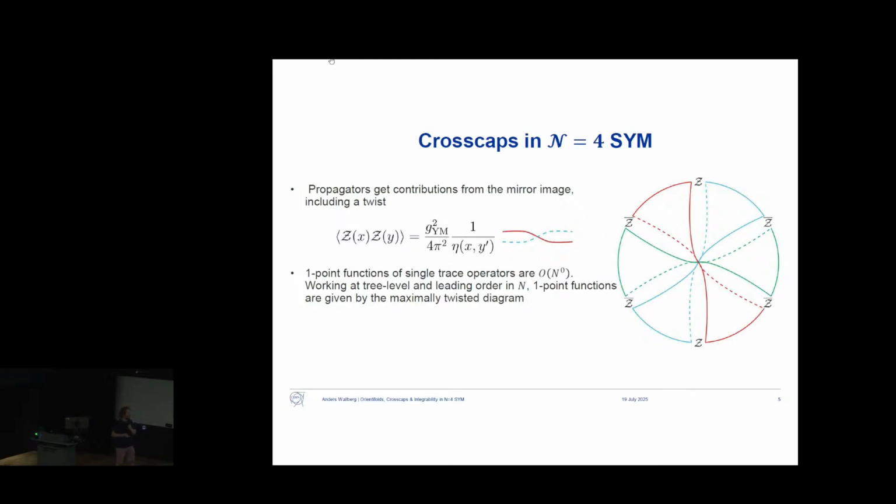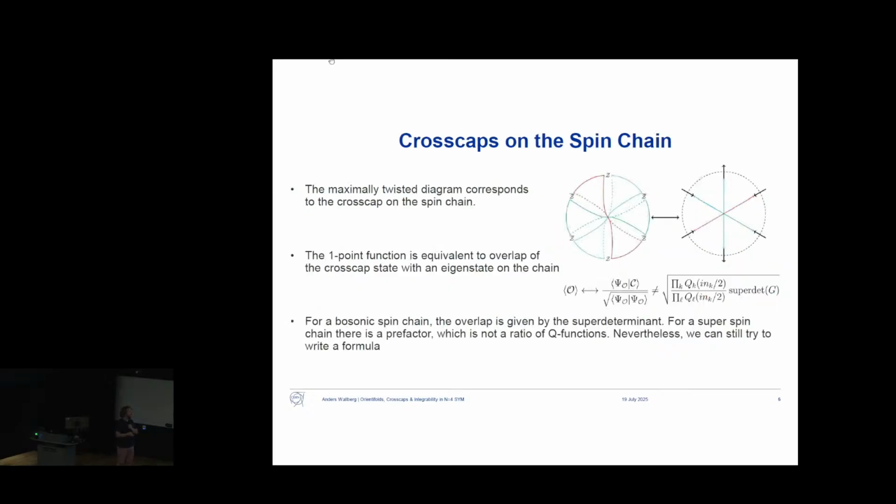Okay? Now that diagram should look kind of familiar from my previous slide. This is how you see in n equals 4 that you get the crosscap state on the spin chain, right? So here we were identifying operators on opposite ends of this circle I drew, and in the crosscap state we should do exactly the same. We should identify sites on opposite ends of the spin chain. And this setup turns out to be integrable.